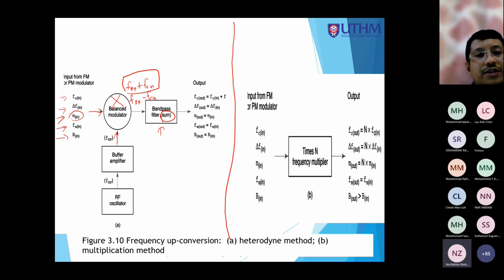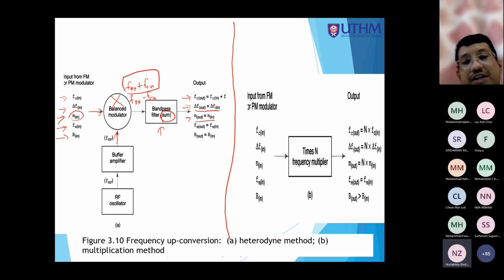Okay, so for the heterodyning process, what happened at the output? At the output, you're going to see that the carrier frequency would be increased by FC in plus FRF. And delta F, the frequency deviation at the output, remains the same as the input, and the modulation index is the same.